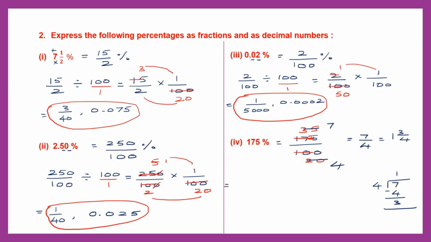So that is the first part of the answer as a fraction: 1, 3 by 4. Now we need to write this as a decimal number. To write this as a decimal number, we need to divide 7 by 4. So let's do normal long division, dividing 7 by 4. So here we have 7 and we are dividing this by 4. 4 ones are 4, 7 minus 4 is 3.